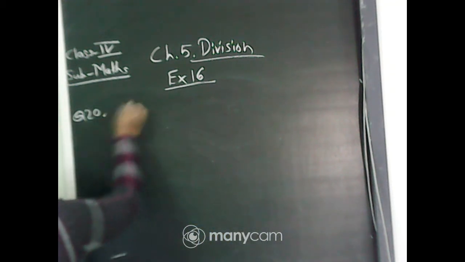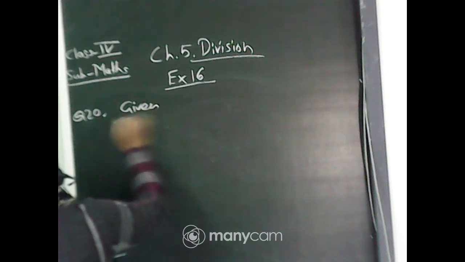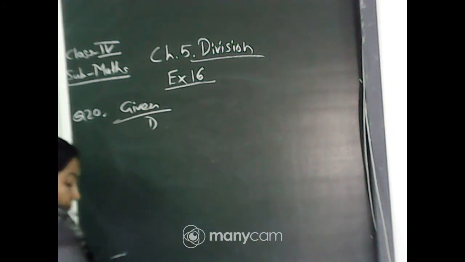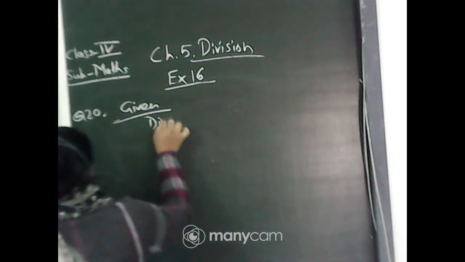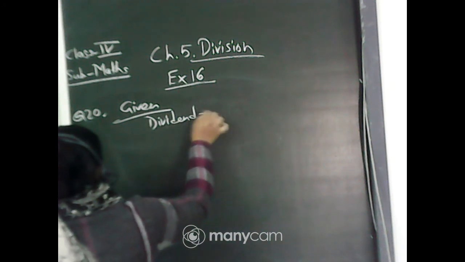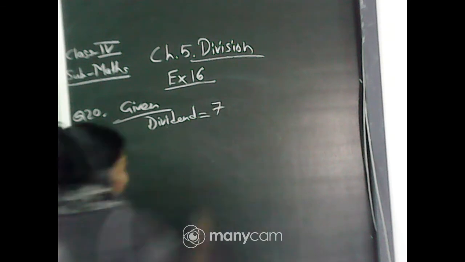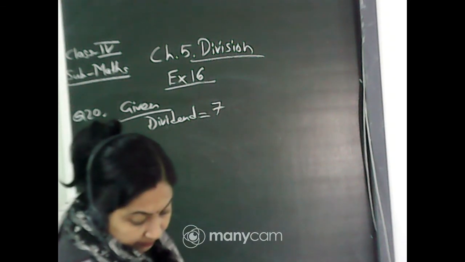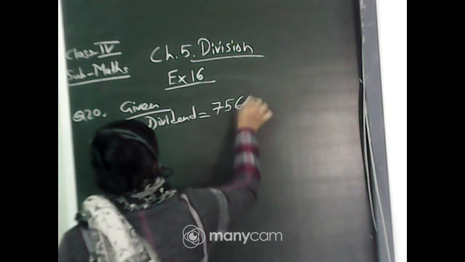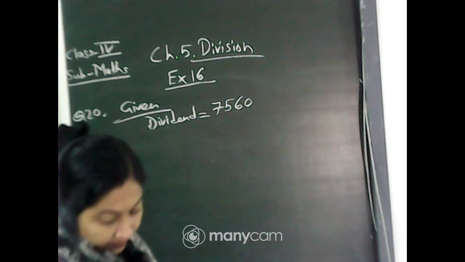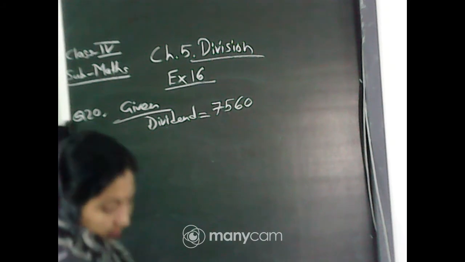So given, first one is dividend, 7,560, and next is given quotient, 63.